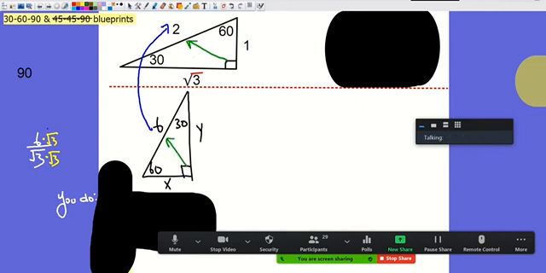Now what does the x link up with? The x links up with the 1, or you can say the x lines up with the 1, or x matches to the 1, or the x relates to the 1 right here.